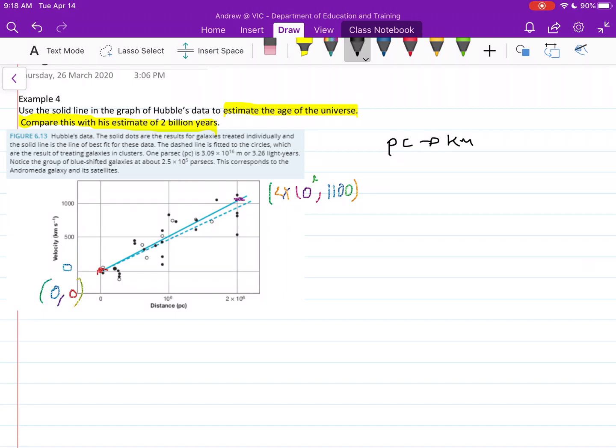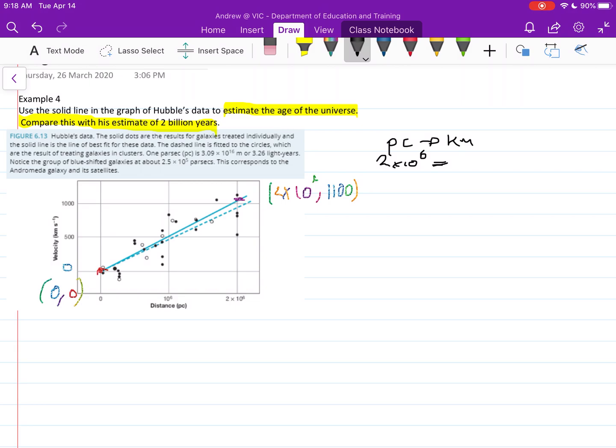So this is our value of 2 by 10 to the 6, and we need to put this in kilometers. So to get from parsecs to meters, we multiply by 3.09 by 10 to the 16. But because we're going to kilometers, this will be 3.09 by 10 to the 13.